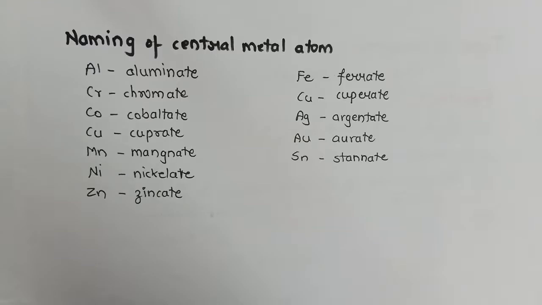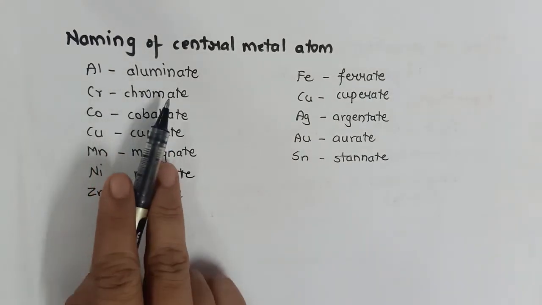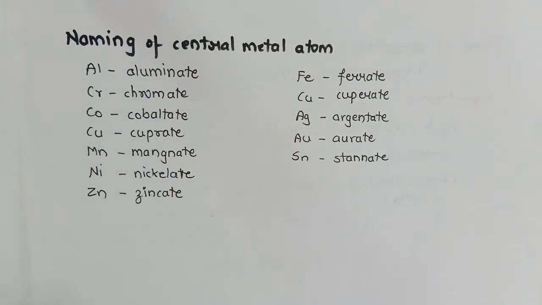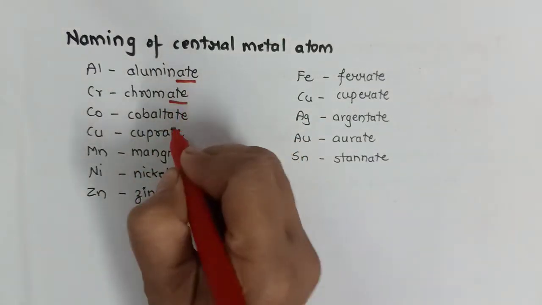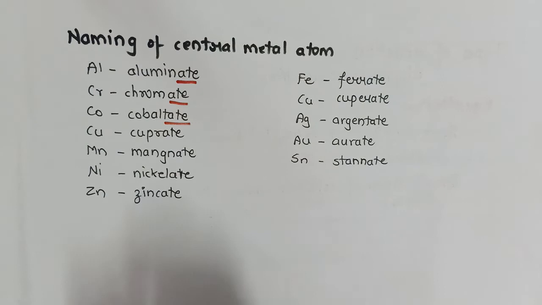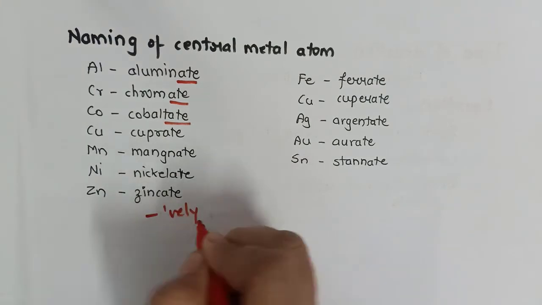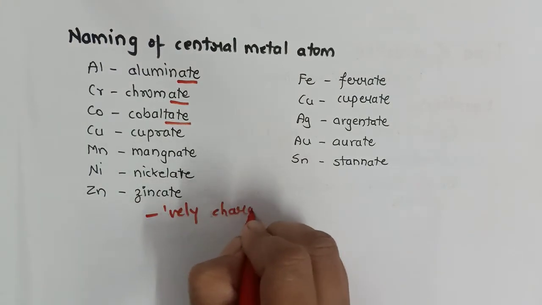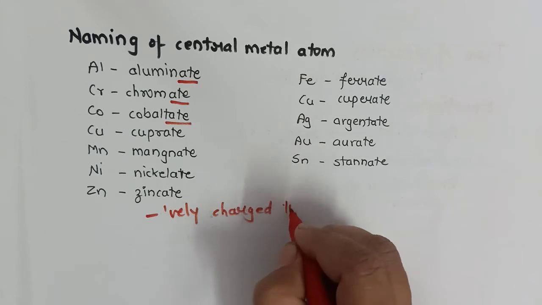For example, aluminate, chromate, cobaltate, etc. So you can see the name ends with ATE when it is coordinately bonded with a negatively charged ligand.